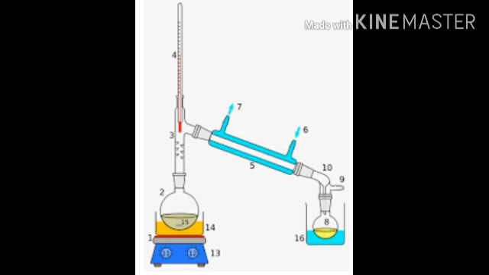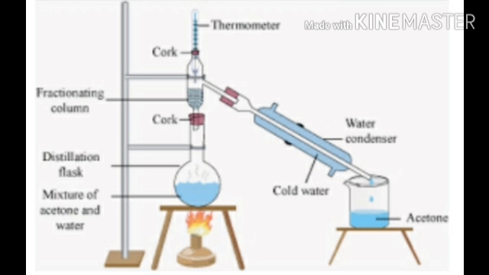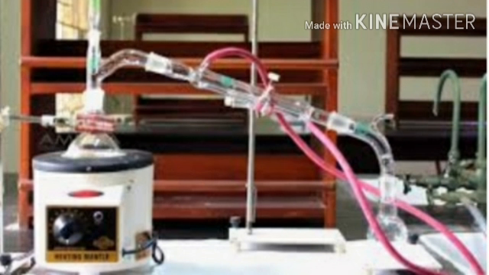From the observation, first acetone in the mixture vaporizes and condenses when it is passing through condenser and is collected from condenser outlet. This is the lab activity distillation process which we can separate miscible liquids.